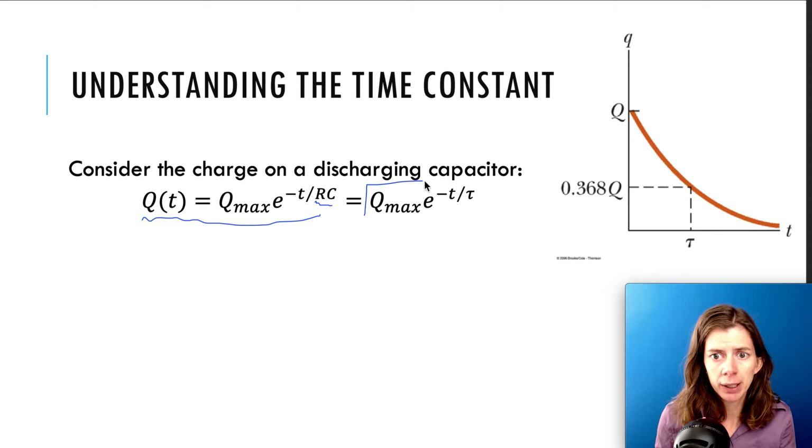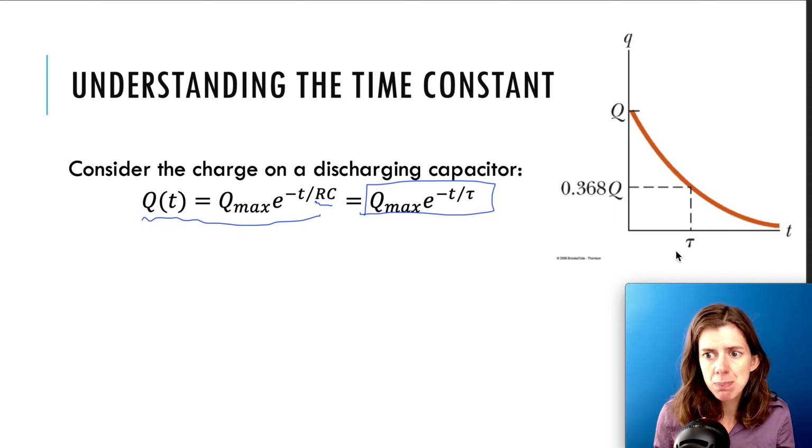It's still the charge as a function of time. Tau is just a constant, right? It's just R times C. But now if we look at the graph, what this tells us is that after this specific amount of time equal to RC, we're left with a certain percentage of our maximum charge.